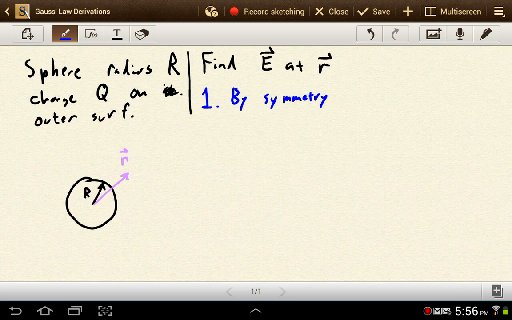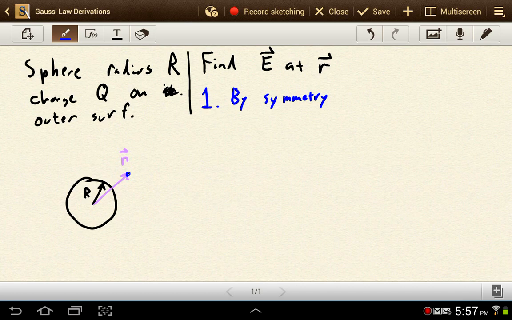the electric field has to point either, so this is your point you're interested in, either straight outward or straight inward there. And symmetry is the idea that the universe should not prefer one coordinate frame to another. So if you imagine you are outside of the sphere somewhere, you don't have any sense of direction except for what's towards the sphere and what's away from the sphere.